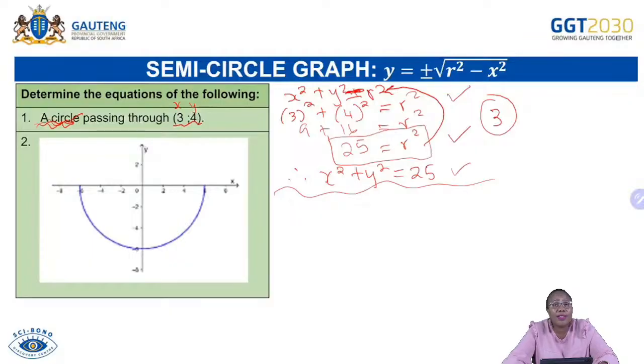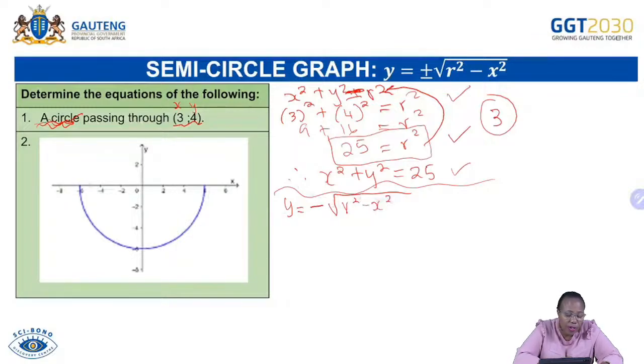The second one is the semicircle curvature. So this is the semicircle cutting at the negative y. So the original will be what? y equal to negative what? The square root of r squared minus x squared. So now we only need the value of r squared, then we'll have the equation. If you look at this, it is at minus 6 and positive 6 there.